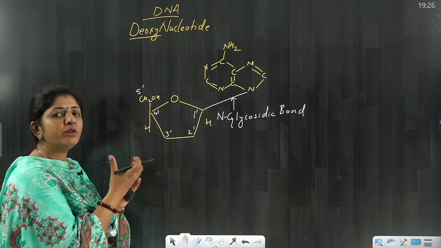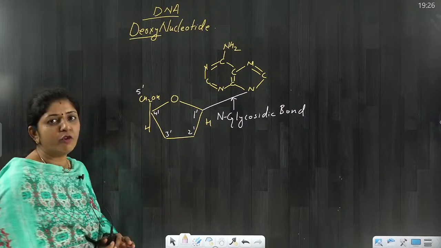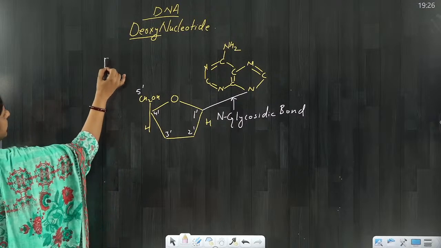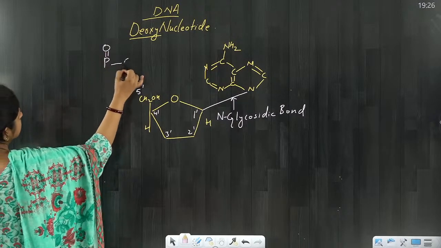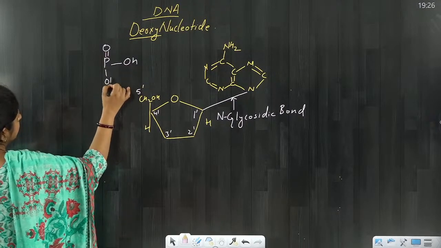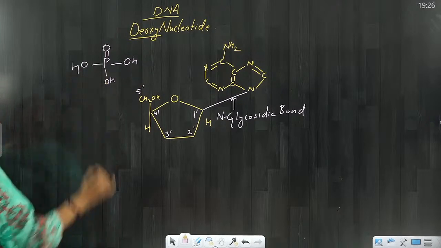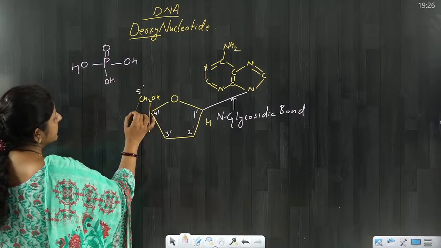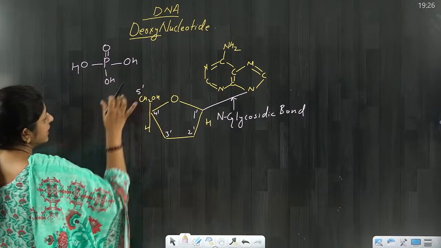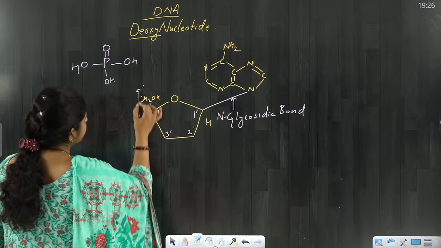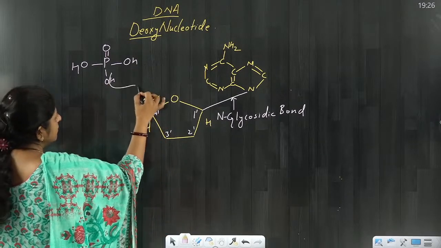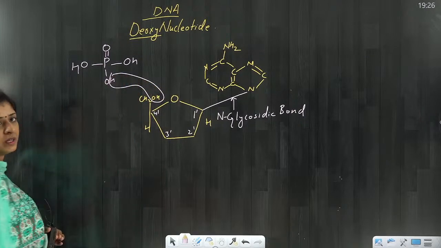To make it a nucleotide, I have to attach a phosphate here. Now where is it going to be attached? I already showed you the structure, it is like this. It makes a bond with the CH2OH which is on 5 prime. Again, let me make it clear, there is a loss of a water molecule.